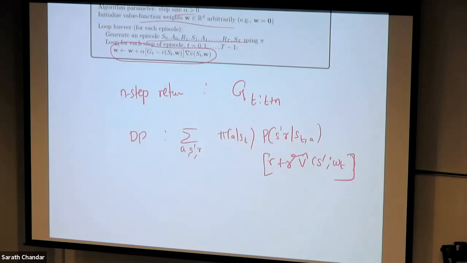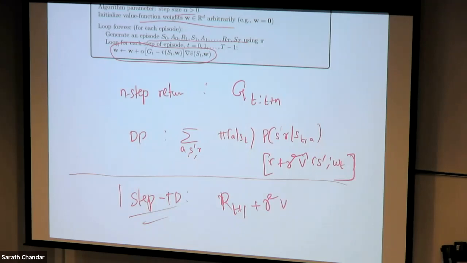Now let's take simple TD as an example, one-step TD. Okay, in one-step TD, my target is R_{t+1} plus gamma times V(S_{t+1}, w), right?